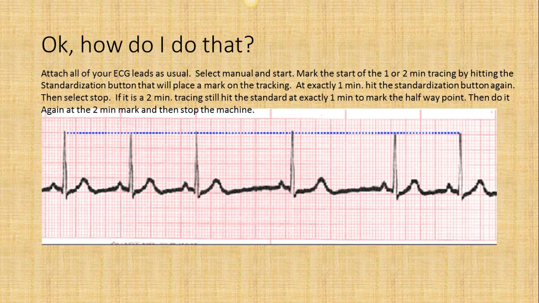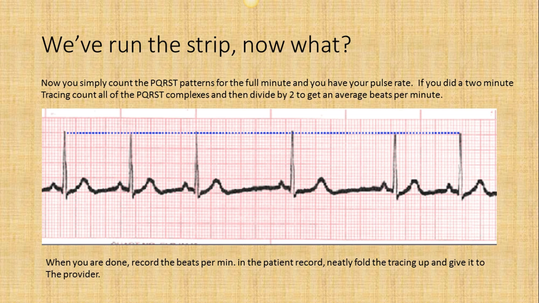Okay, that's going to give you a little square box right in here. Should be about 10 little squares high or 2 large squares high. It's flat on the top, very easy to notice. And then simply count all of the PQRST patterns within that 1 or 2 minutes. If you do it for 1 minute, you count them up.